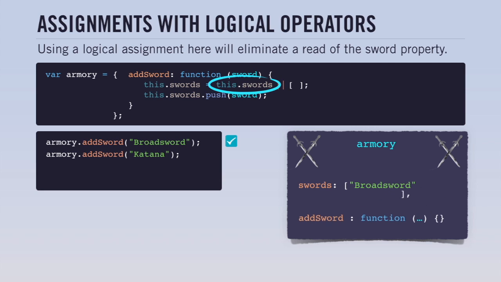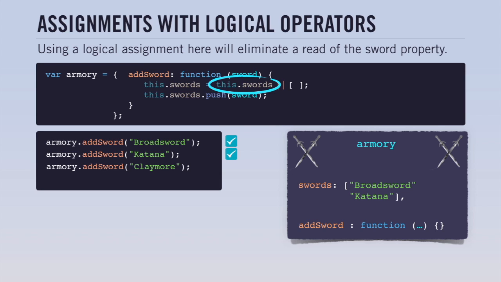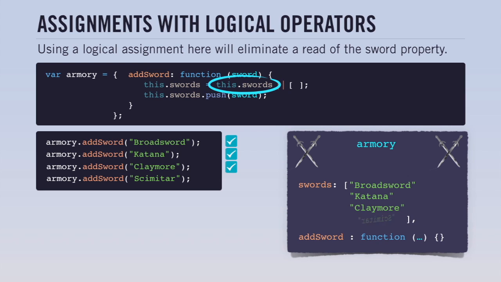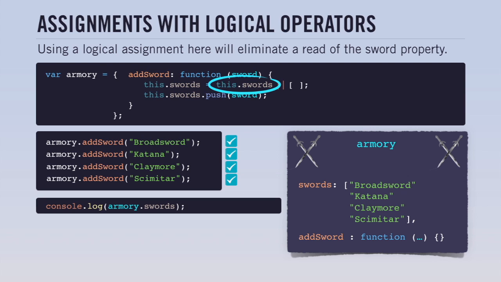You can see that the katana gets added to the array. And now if we add the claymore, the same process that occurred for katana will repeat, and we will get the claymore added to the array. Same thing with a scimitar, because this.swords exists for each one of those additions. And now if we were to log out our armory.swords property, we can see we've got the full array with every last sword that we have added.